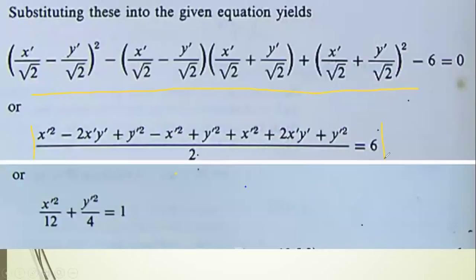But this could be even simpler. To get rid of that 2, we multiply both sides by 2, and we basically eliminate the ones on top. So we have an x squared here, we have a minus x squared, so these cancel out each other. Negative x prime y prime, so these cancel out each other.